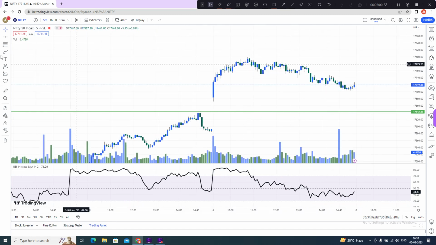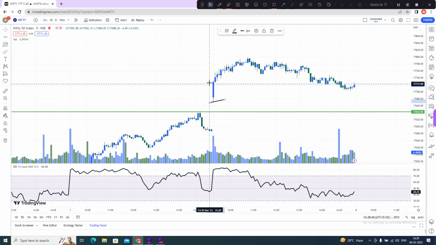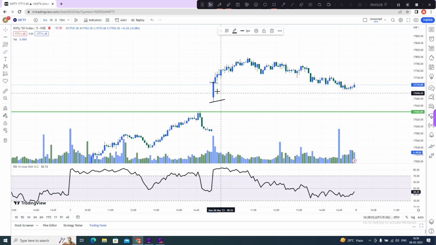In this case, in this first 5 minutes candle, we can see that the price opened here, it tried to go down, but we can see this wick here, which means the price was rejected from the lower levels and the price went up and it closed at around its high. So it's a big momentum candle, a green, bullish candle with momentum. The size is good, and the closing is at around its high, so it is a decent closing.